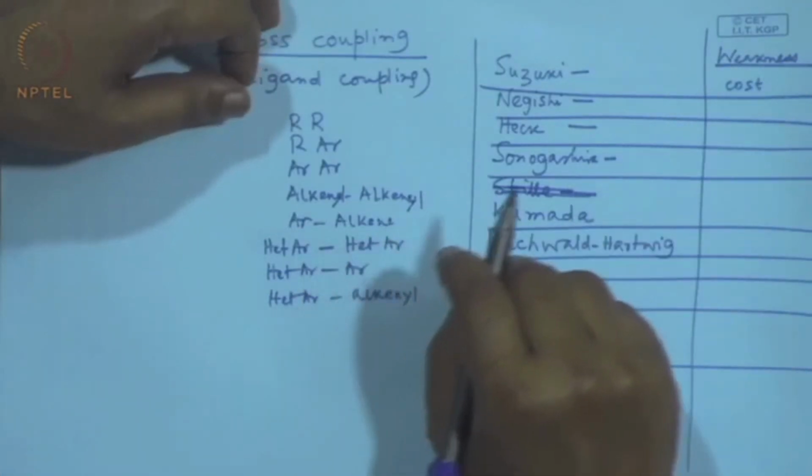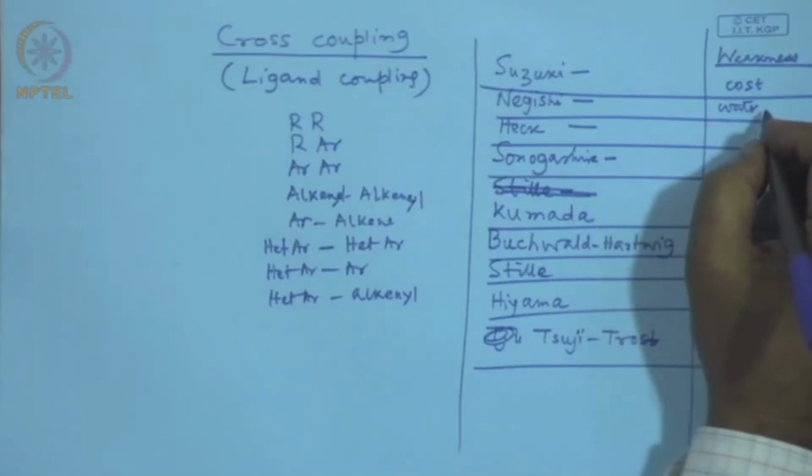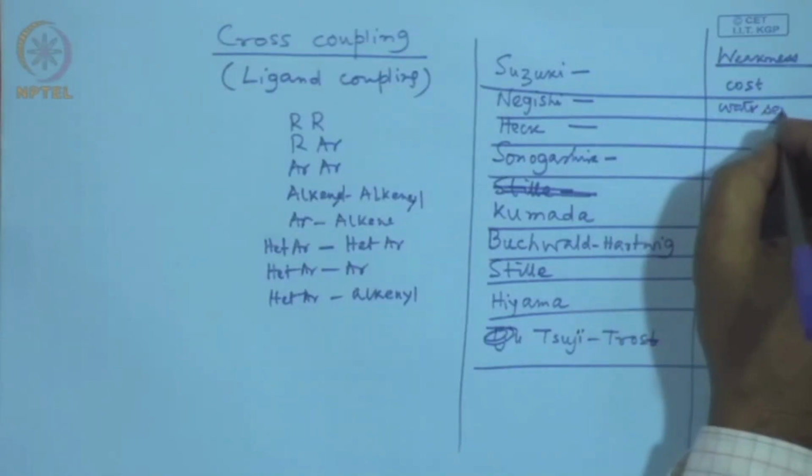For Negishi coupling, there are many strengths though. But is there any weakness of this Negishi coupling? The organozinc compounds are water sensitive.